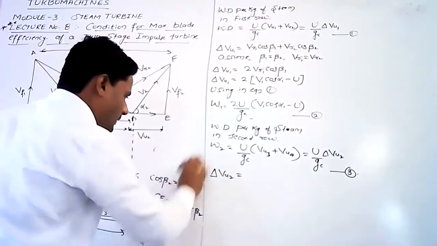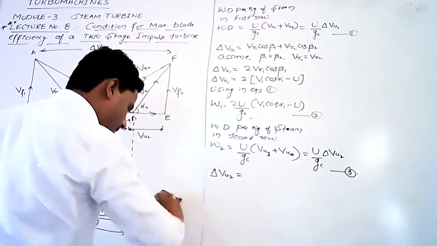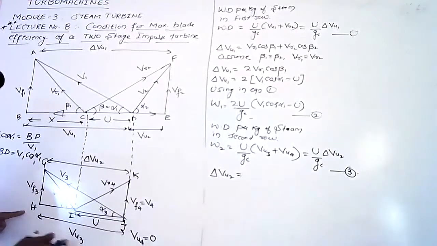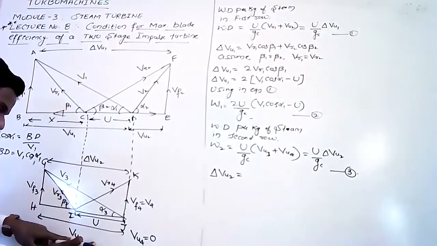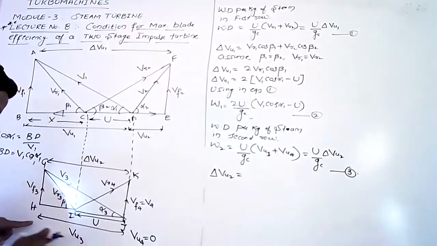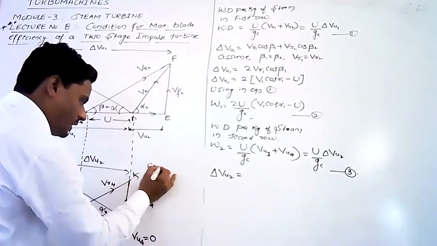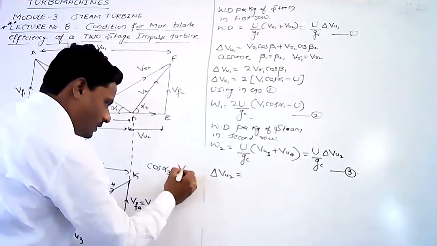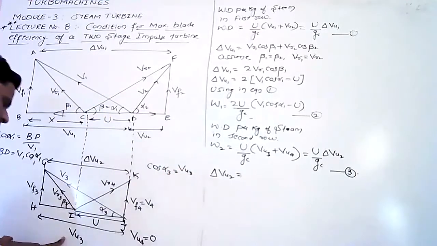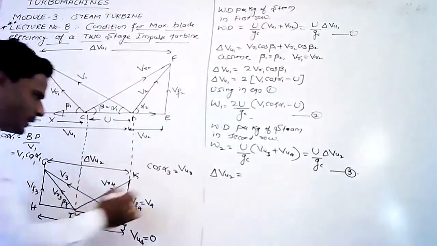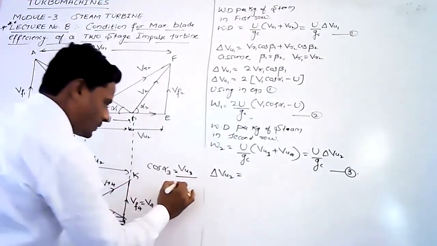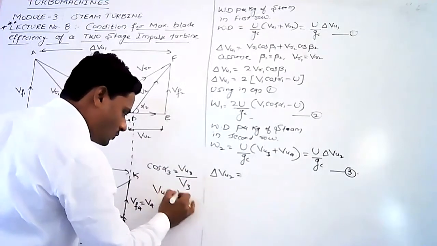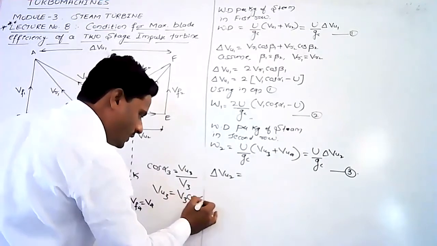If we consider the triangle GHJ, cos alpha 3 equals to the base VU3, you can take VU3 or delta VU2, both are same, divided by the hypotenuse V3. So VU3 or delta VU2 is equal to V3 cos alpha 3.